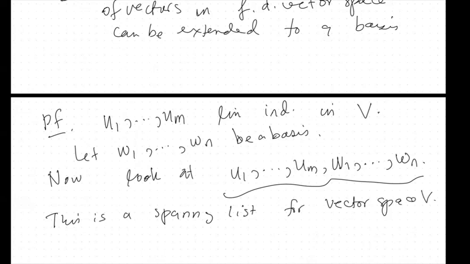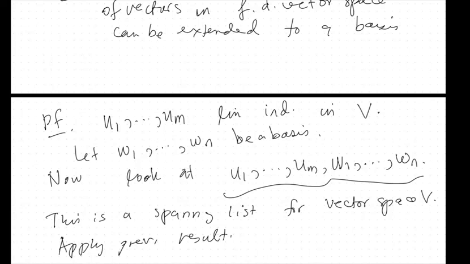Since this is a spanning list, by applying the previous result, this can be reduced to a basis, by removing elements of W1 to Wn which make it not linearly independent.